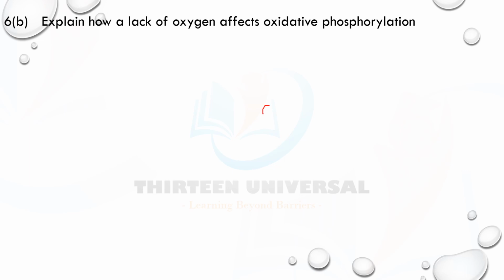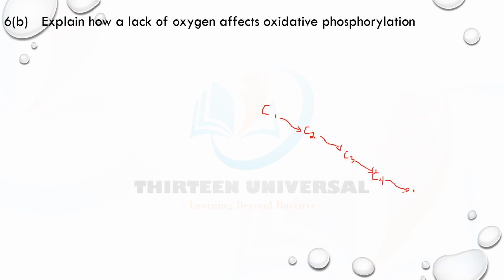So remember, during electron transport, this is the first carrier, which passes the electron to the second carrier, then to the third carrier. Let's assume there is a fourth carrier, and the final electron acceptor is always oxygen.